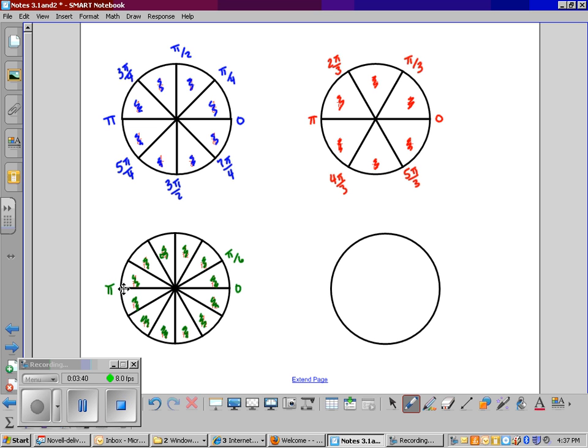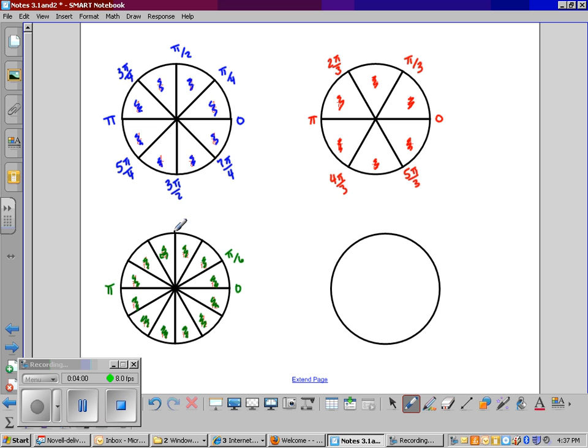This pi is divided, as the fraction bar indicates, into 6 pieces. So that's 1/6 of the pi. This would be 2/6 of the pi, or 2 pi over 6. Now that reduces to pi over 3, and that belongs on this circle right here. So I don't want to include it here, but I do have to count it.